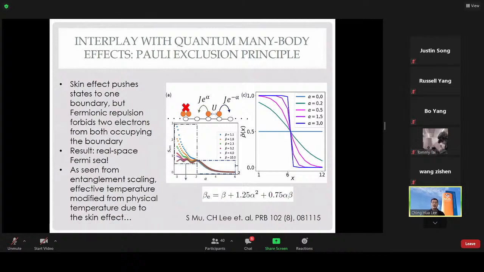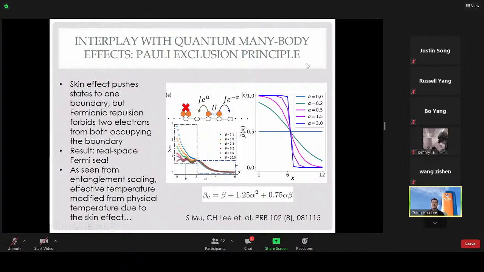And we realized that even at the level of free fermions, where they don't really interact except for the Pauli exclusion, they form a new type of effective Fermi sea. The reason is that when you have fermions, they cannot all be pumped to one side, even with the non-Hermitian skin effect, because they can't all occupy the same boundary.